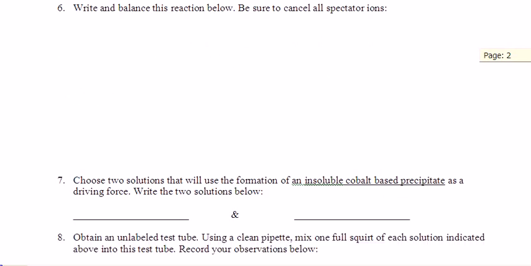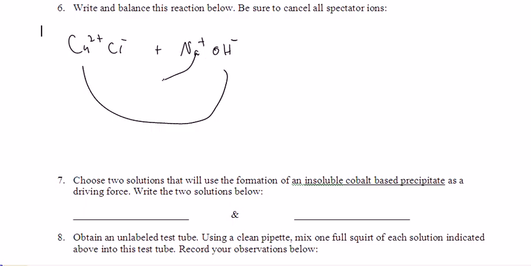Write the balanced reaction. Be sure to cancel the spectators. Cu2+ Cl- plus Na+ OH-. Swap, stick, there it is right there. So you have the ions in solution, and you're left with your insoluble copper hydroxide precipitate.